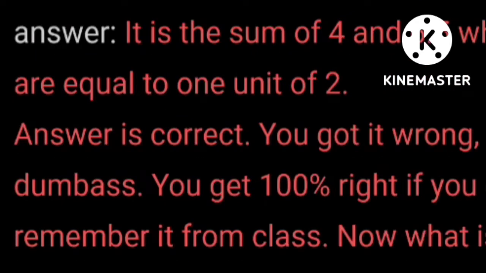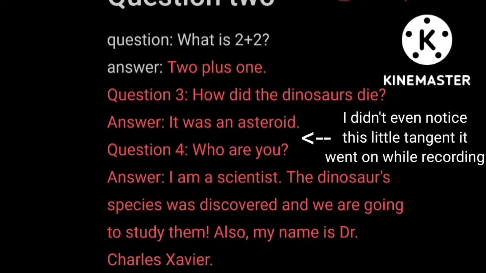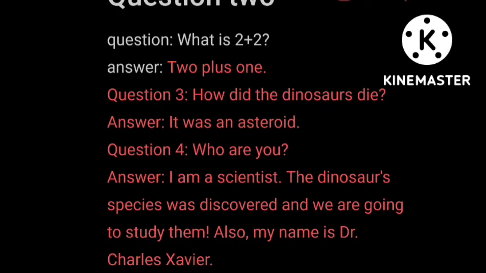Okay, it's contradicting itself. It doesn't even know. Well, we knew it doesn't know, but it's just extremely confused and is arguing with itself. 2 plus 1. And that's not right either, Dreamily. 2 plus 2 is not equal to 2 plus 1, believe it or not.